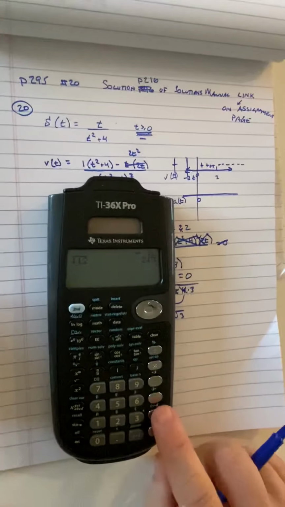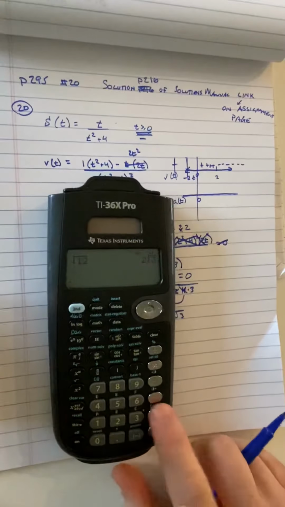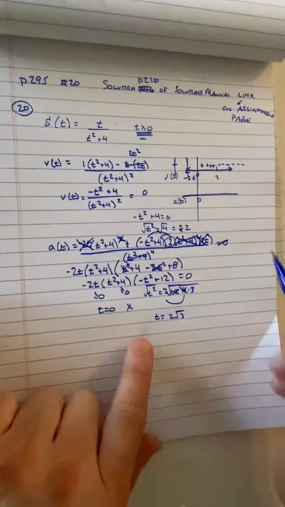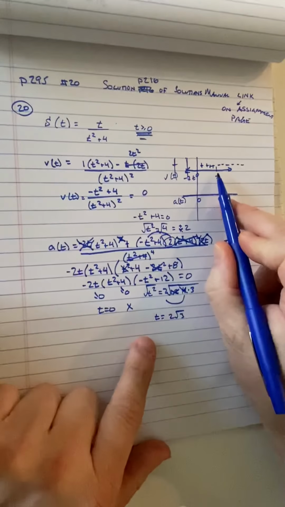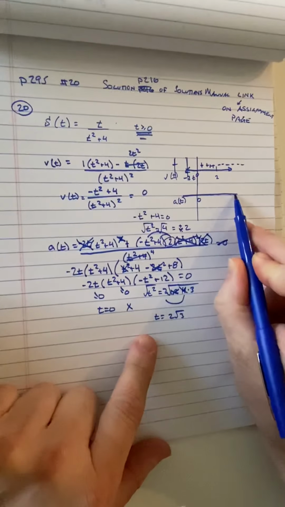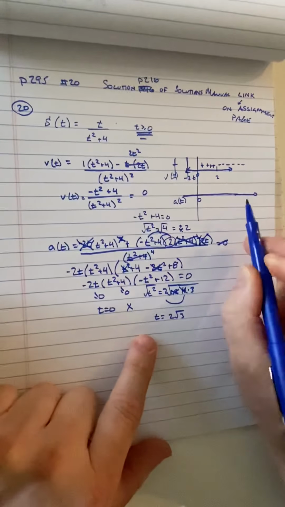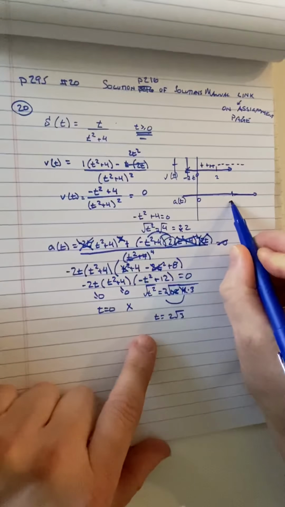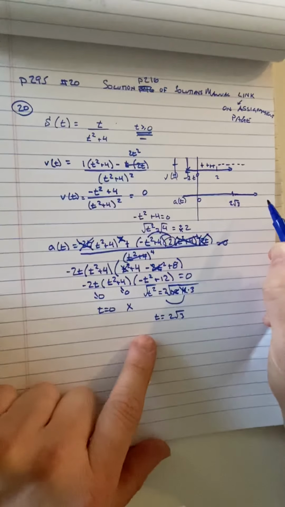Nice. 2 root 3, and the decimal equivalent, 3.46. I need to know that because right beneath 2, I need to know where exactly is 3.46. Well, it's over here somewhere. So this is where positive 2 root 3 is.